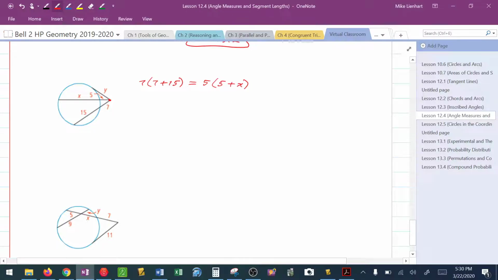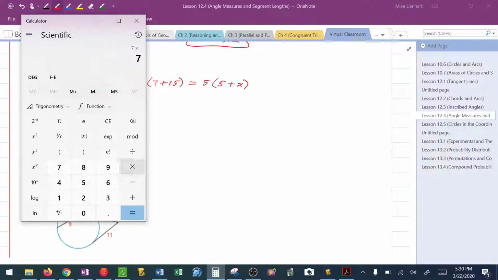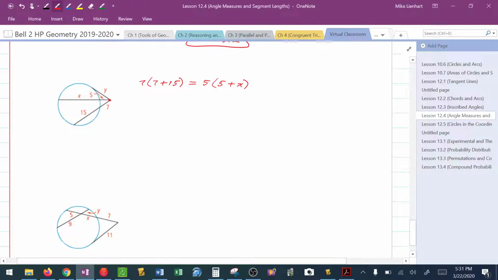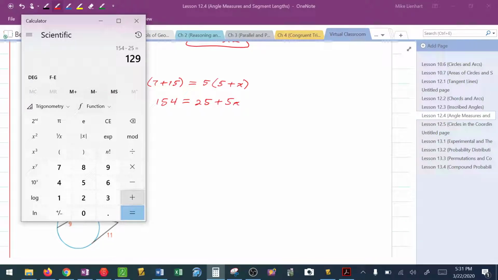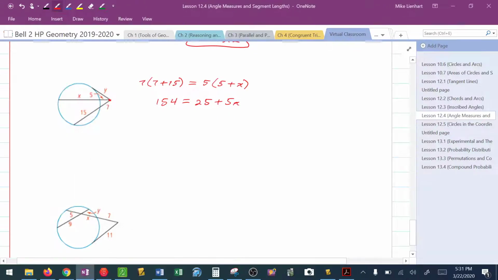All right, so this would be 7 times 22, which would be 154, is equal to 25 plus 5x. I'm going to subtract 25 and then divide by 5. And I get that x is 25.8.